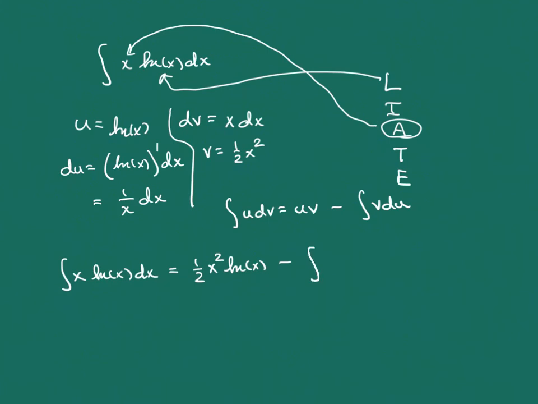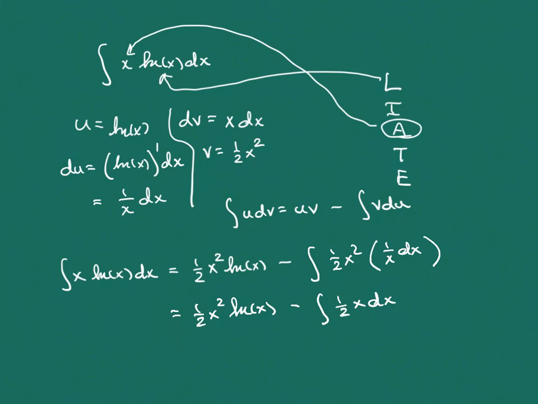Well, the integral of v du becomes the integral of 1/2 x squared times 1 over x dx. And so my integrand in my second term simplifies. So I've got a 1/2 x squared natural log of x minus the integral of, one of my x's cancel, and I get a 1/2 x dx.